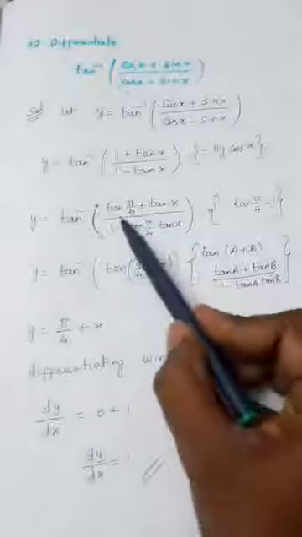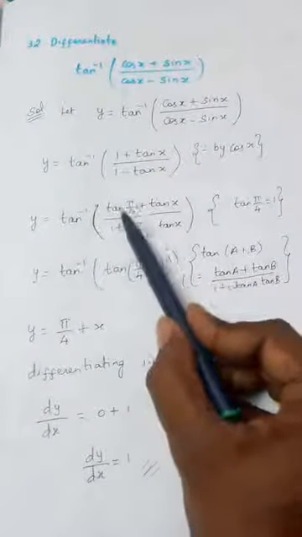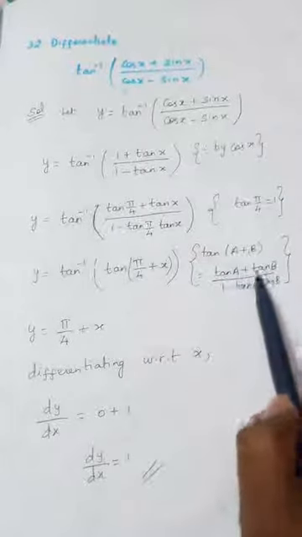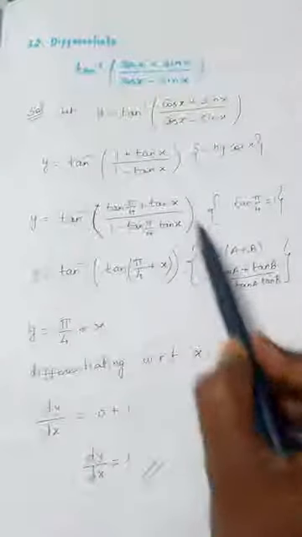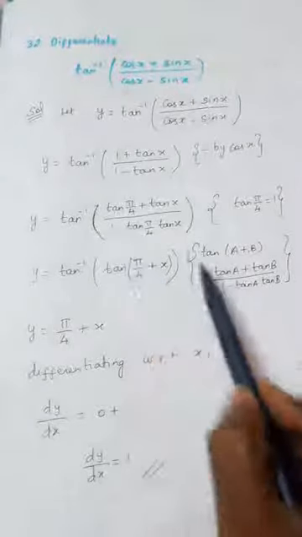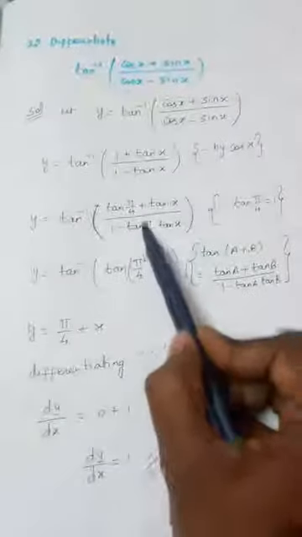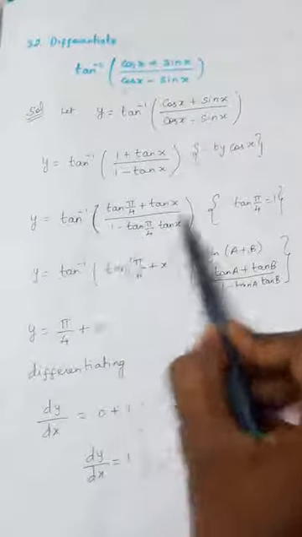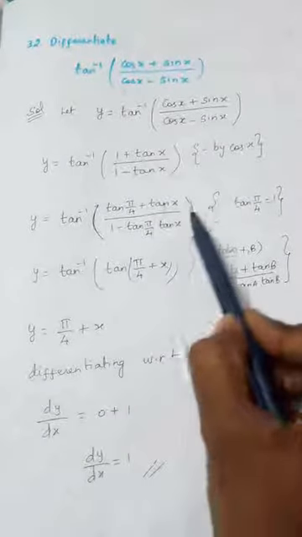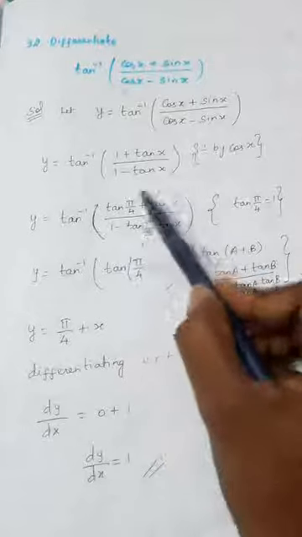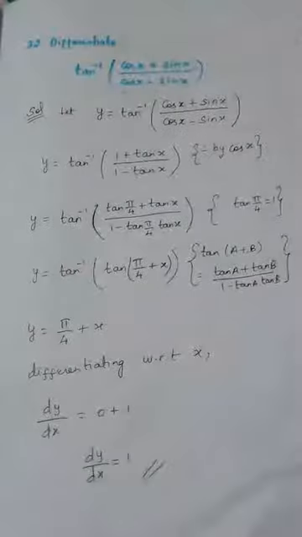So similarly, I'm going to consider this as tan a plus tan b by 1 minus tan a tan b. For getting that formula, I did it like this.